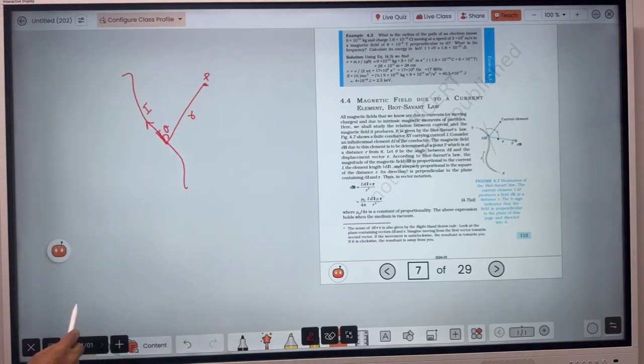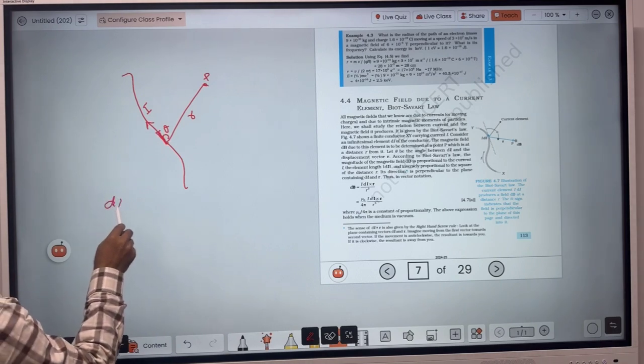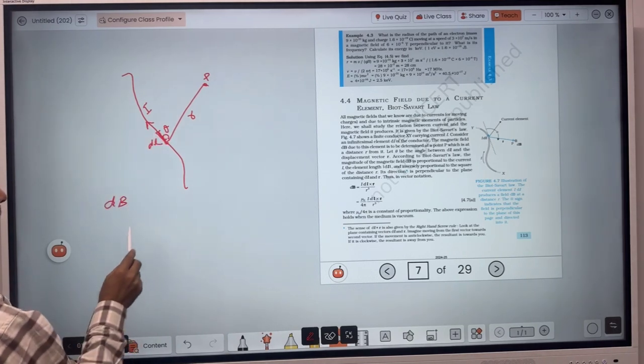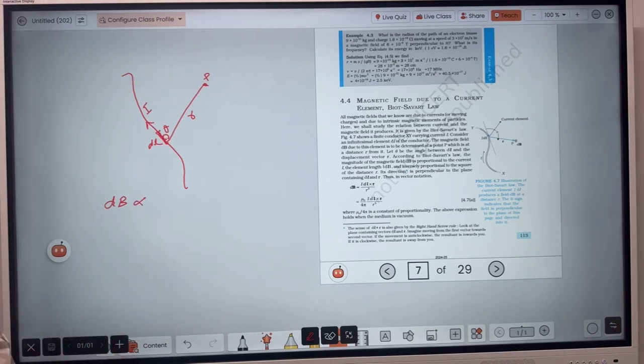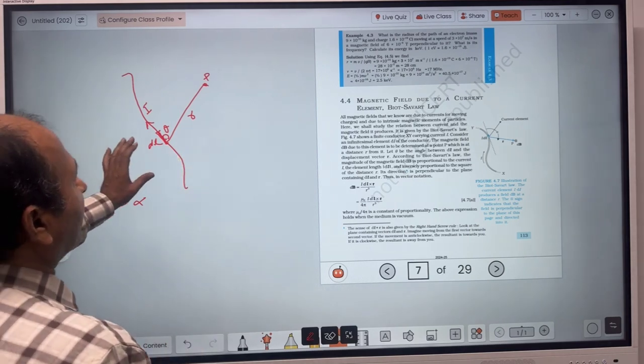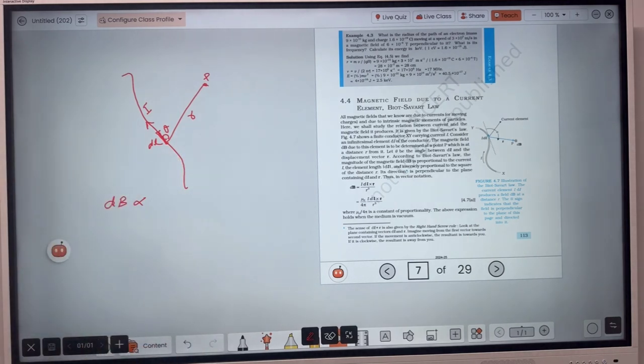So it is found that the magnetic field due to a small current element, this is say dl, this portion, is proportional to... here many factors we can take into consideration.